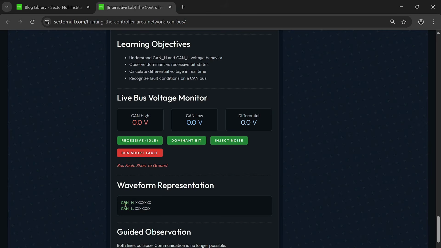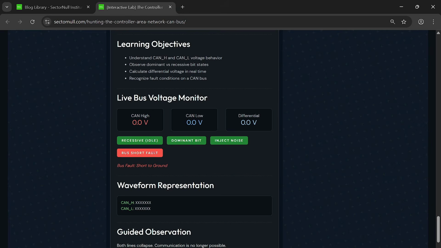The CAN high is just flat, and CAN low is just a straight line, right? And those X marks are important. They do not mean zero data. They mean invalid, unreadable, and gone. Both lines collapse. Communication is no longer possible if the CAN bus is shorted.